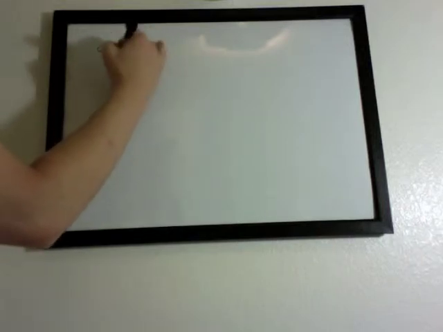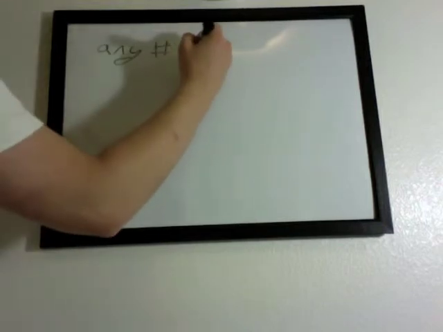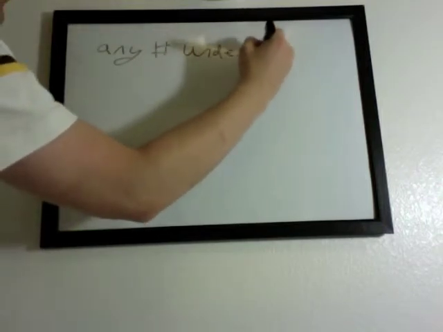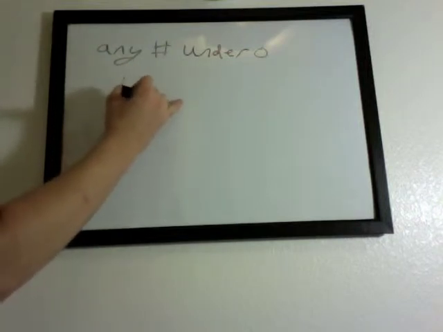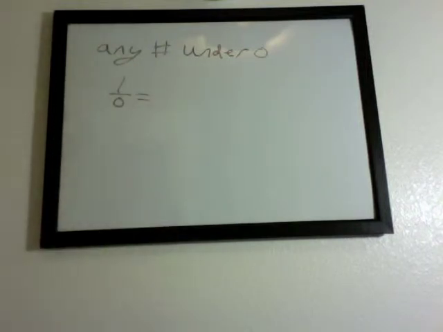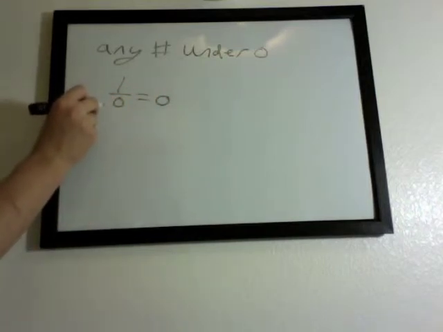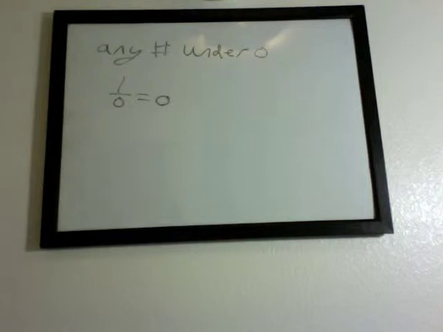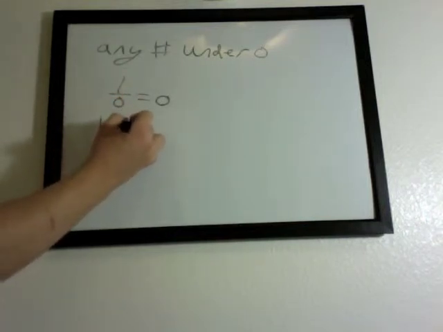Let's do another one. Another rule would be any number under 0. For example, 1 over 0. What does this equal? It always equals 0. So if you have a number under 0, it's always going to be 0, because you cannot divide by 0. Because this is like saying 1 divided by 0.